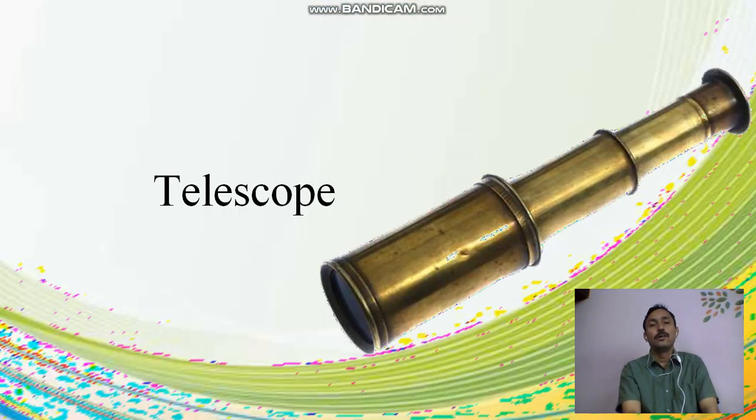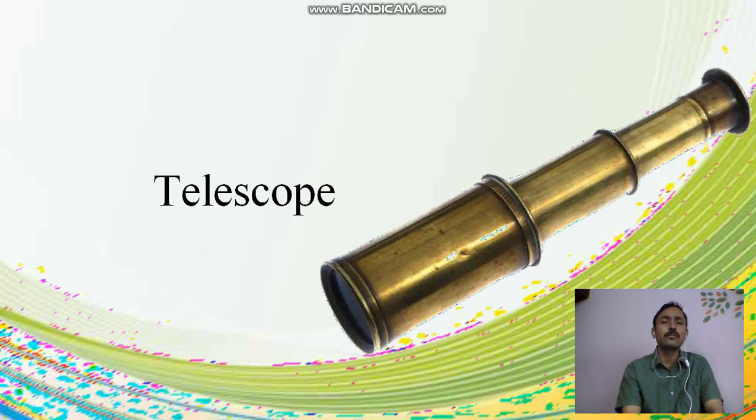Telescope. We know the name of the telescope. It is used to find different celestial objects in our sky, stars, planets. Using this telescope we can see them more clearly. Tele means long, so a long distance object can be viewed.